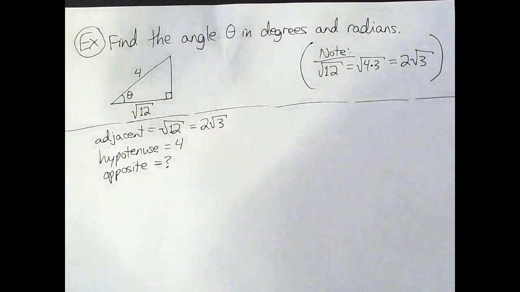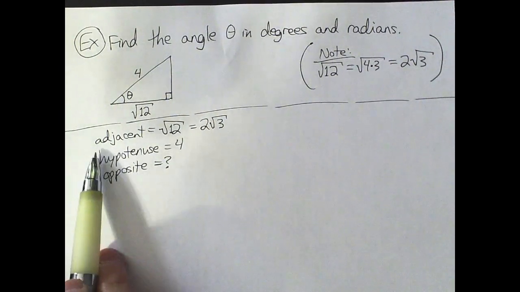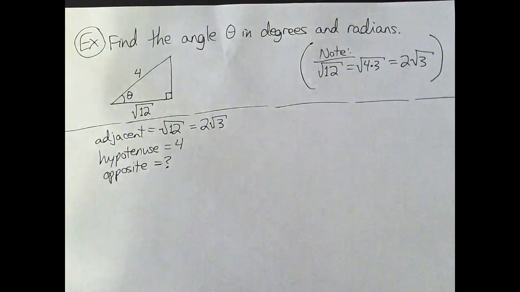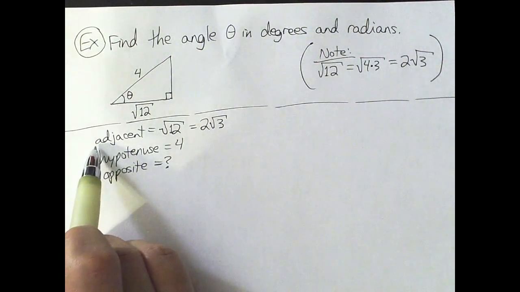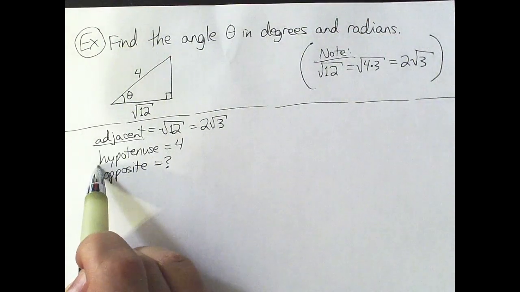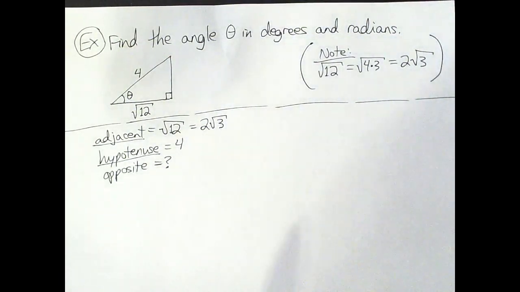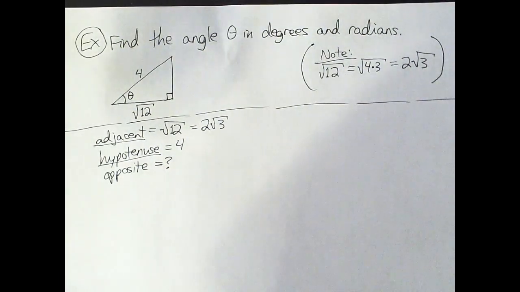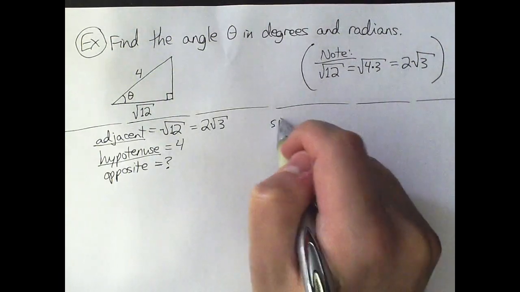In the previous lesson, we'd be given a picture like this, and it might say something like find sine of theta, find cosine of theta, things like that. You know what I notice here? Because we have the adjacent side length, and because we have the hypotenuse, I'm thinking which trig functions between sine, cosine, and tangent. Let's remind ourselves what these would be.